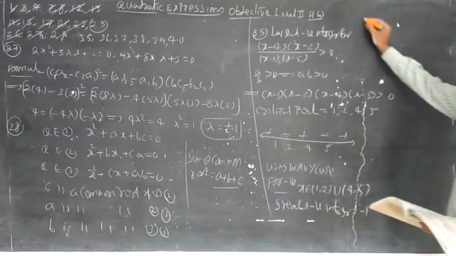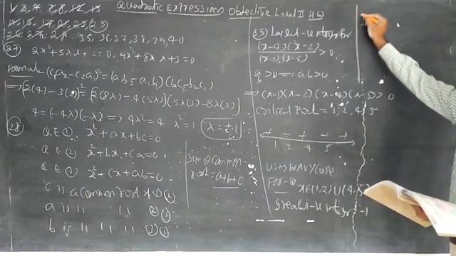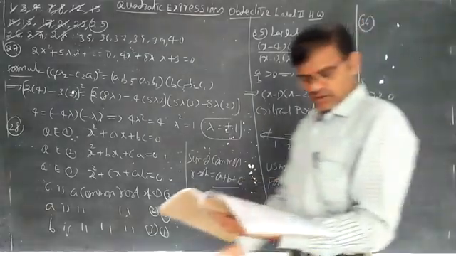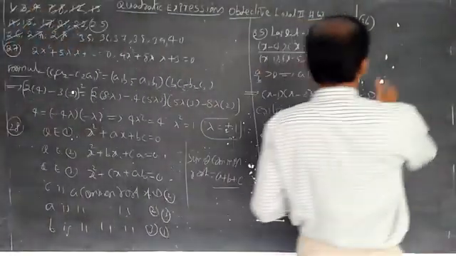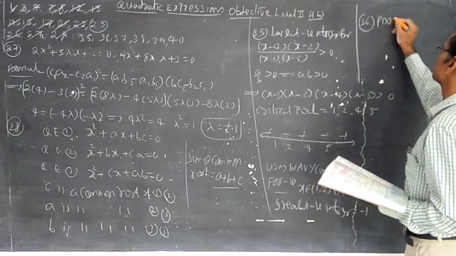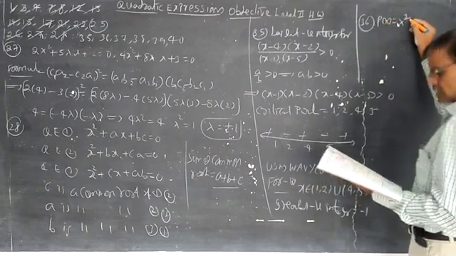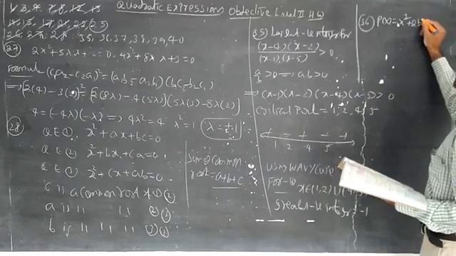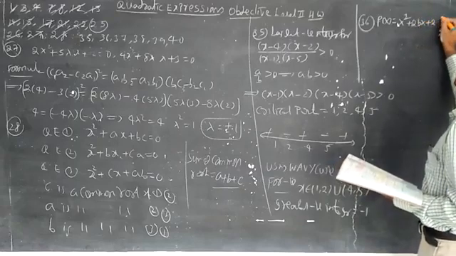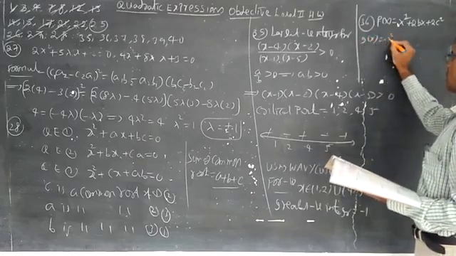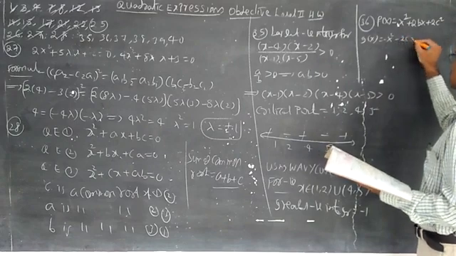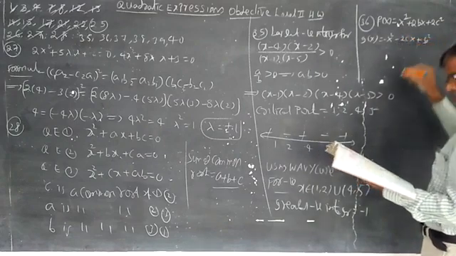Now the 36th question. F of x is equal to x square plus 2bx plus 2c square, and g of x is equal to minus x square minus 2cx plus b square.